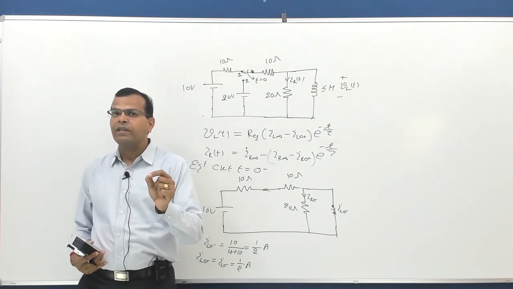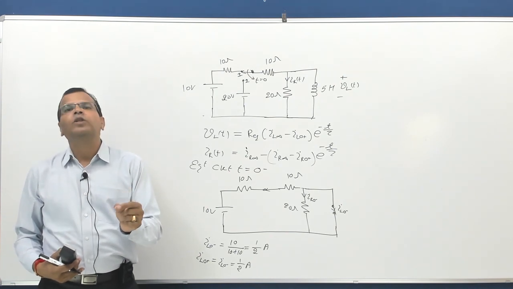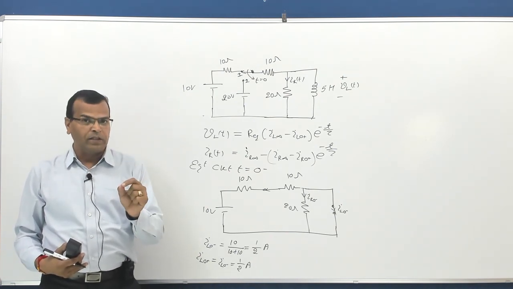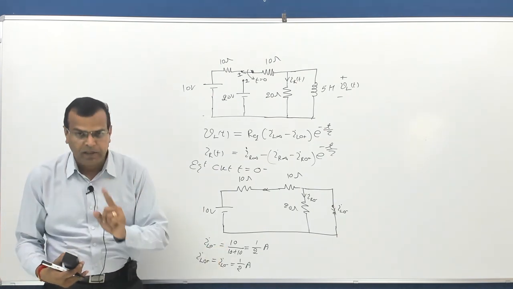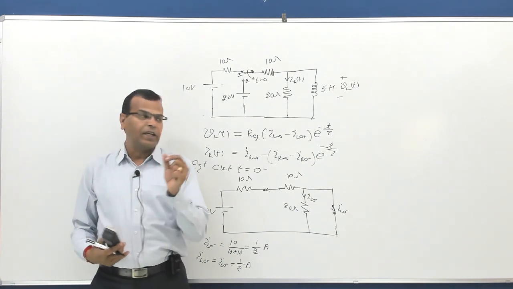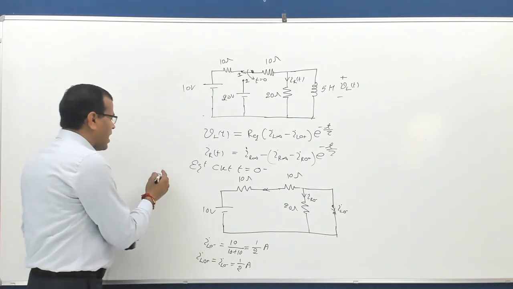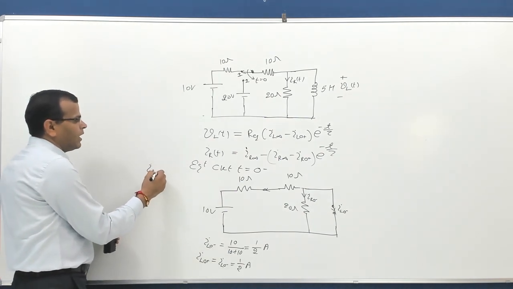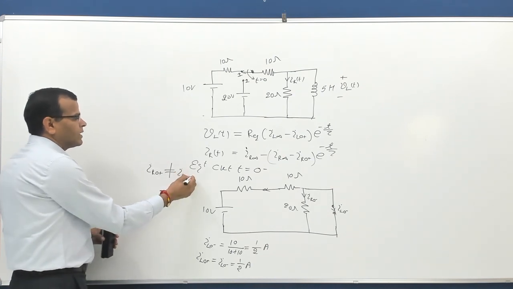So I am repeating, current through the inductor cannot change instantaneously. So current at t equal to 0 plus and current at t equal to 0 minus is same. But current through the resistance can change instantaneously. Therefore, current at t equal to 0 minus is not same as current at t equal to 0 plus.